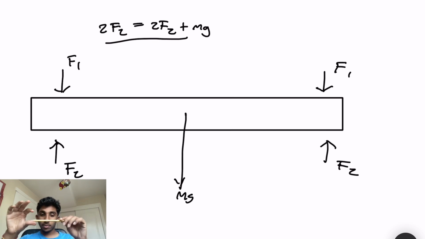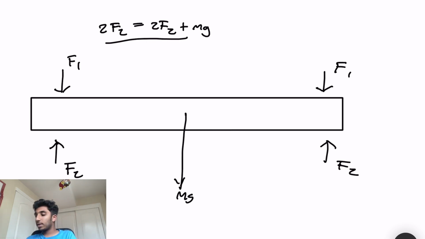In my fingers' frame of reference, my pencil, if there were no friction on it, would actually be moving that way. And so the friction will point in this direction to make my pencil follow with me.